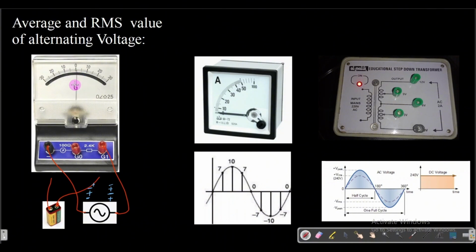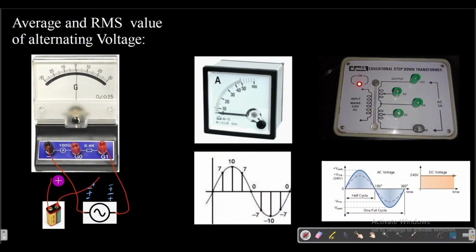It does not give us a specific value. It is vibrating at each and every instant. Its magnitude and polarity are changing. Therefore we do not say that the needle is present at a specific single point. So this is the problem here.